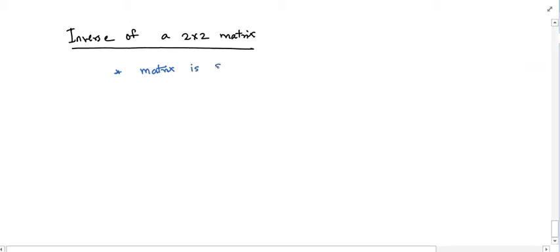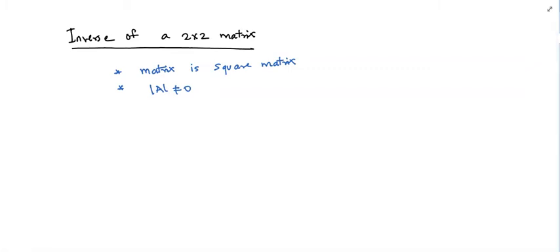The other thing is its determinant should not be equal to 0, because if the determinant becomes equal to 0, the matrix becomes non-invertible, which means we cannot find the inverse.